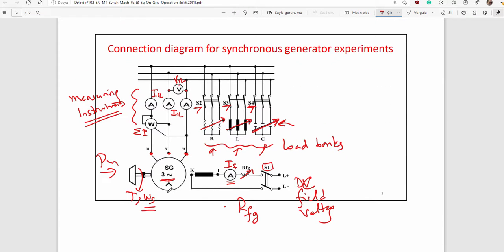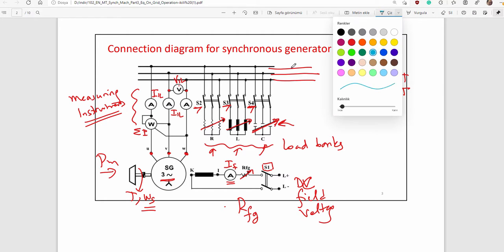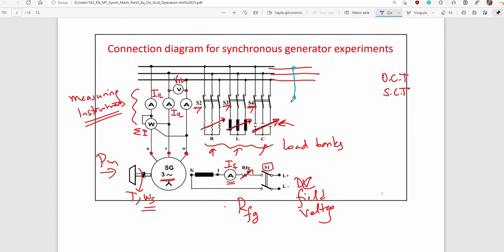In fact, we have already conducted open circuit test and short circuit test. Again, in short circuit test, you can easily handle, let's say, here is a switch, but you should take care.